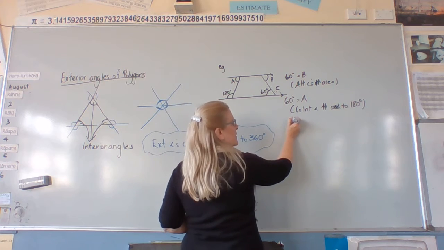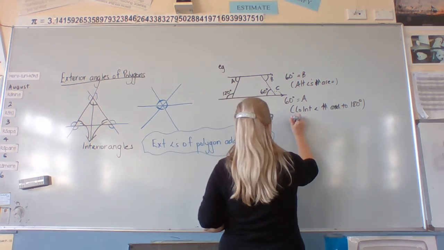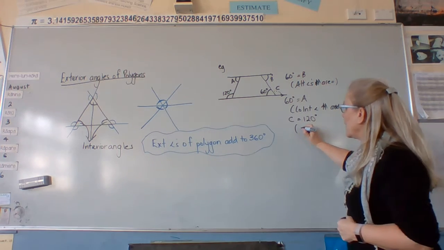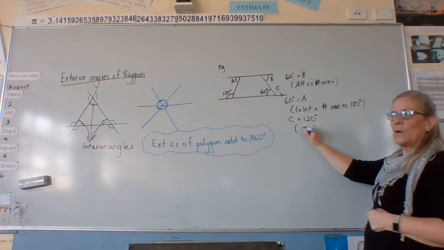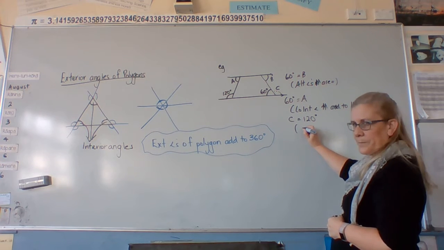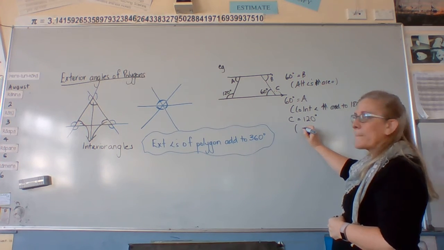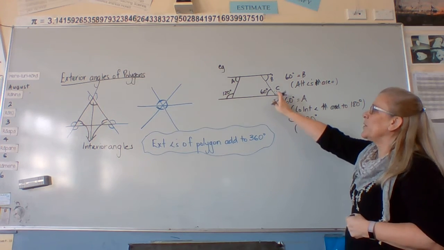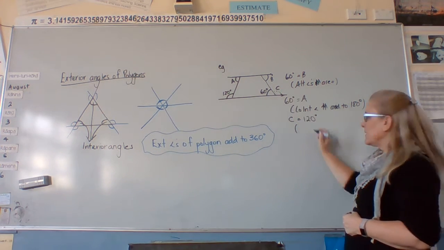C equals? And why? They could be co-interior, or they could just be on a straight line.